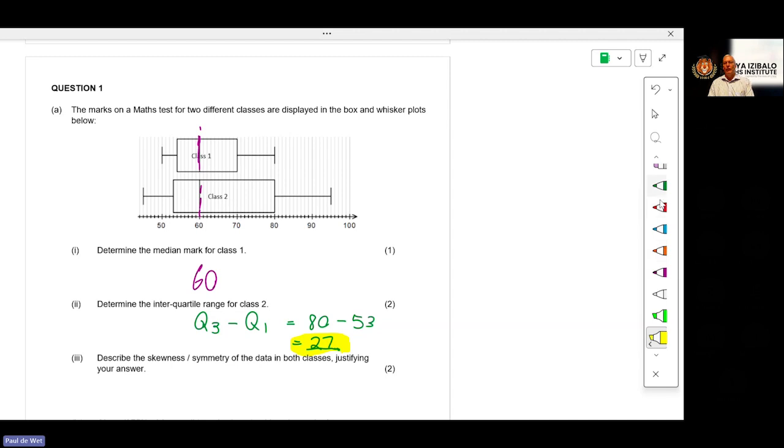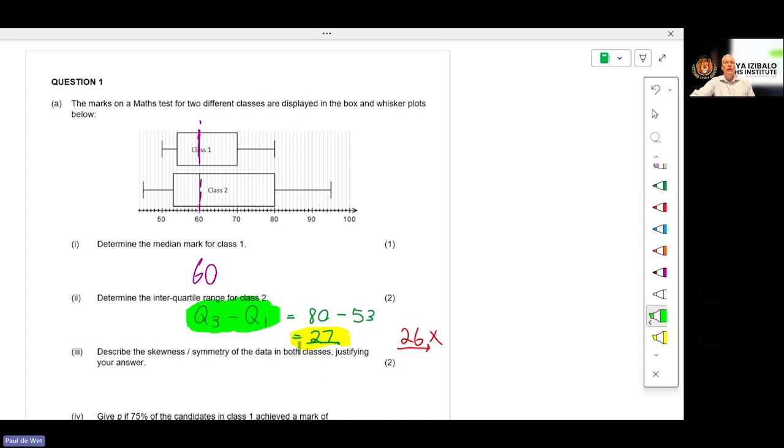If you read this wrongly, or you knew it was 80 minus 53 and you thought that was 26 and just wrote 26, how many marks are you going to get? 0. So it's a very good idea to show your working. Even this will get you what we call a method mark. So even if you just write that, you're going to get one of the 2 marks because you know what the method is. In everything we do, we're going to try and show working.